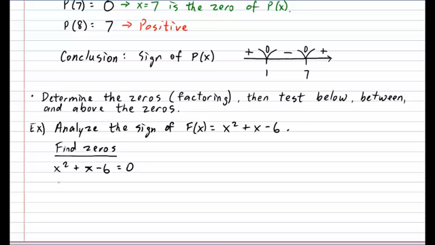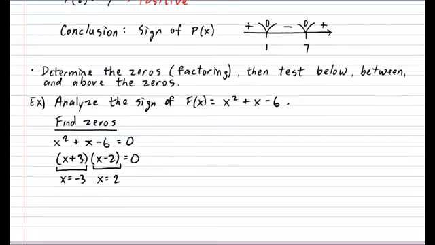Under the product sum technique, you should find that the two factors are x plus 3 and x minus 2, thereby making our two solutions minus 3 and positive 2.